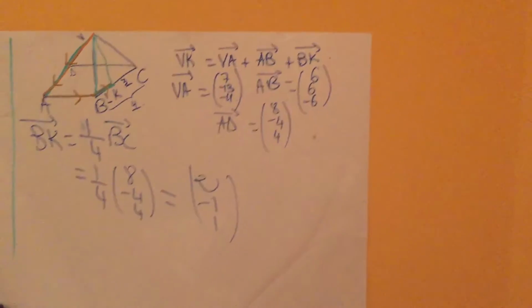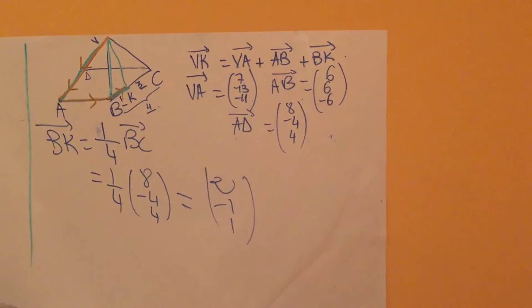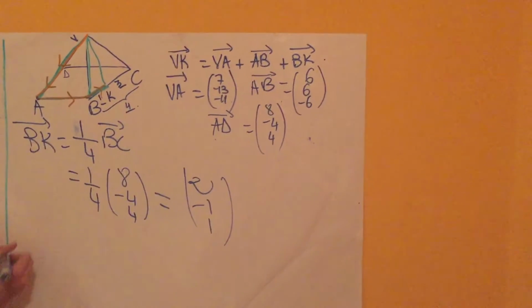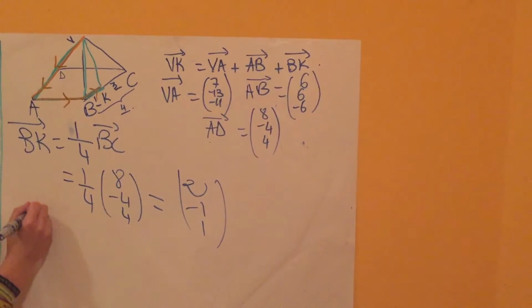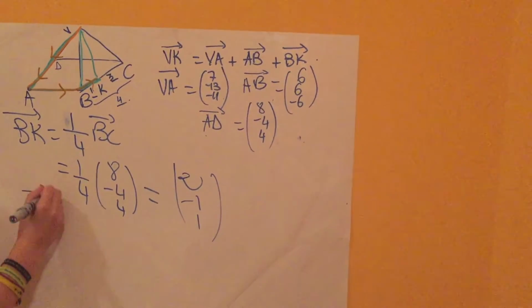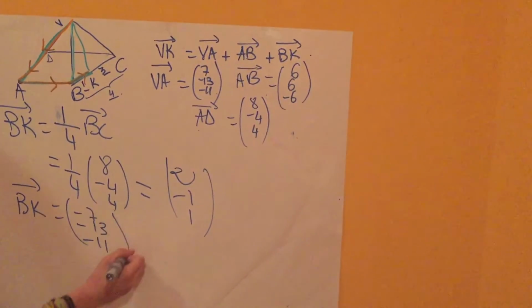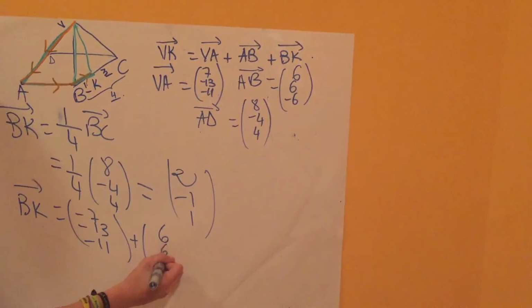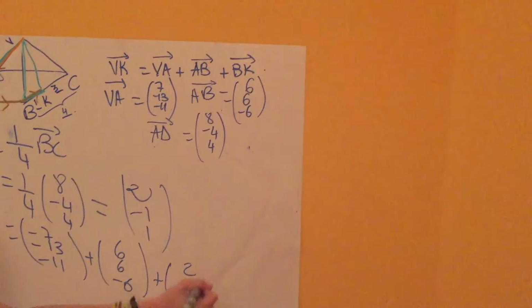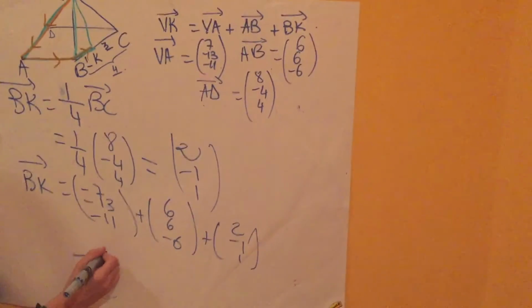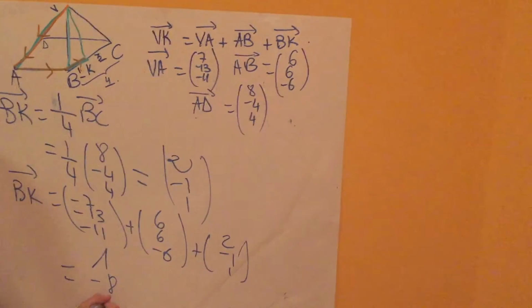So now that we have BK, we already know what VA is and we already know what AB is. So all we have to do is replace. VK is equal to minus 7, minus 13, minus 11, plus 6, 6, minus 6, plus 2, minus 1, 1, which will give us a total of 1, minus 8, minus 16.